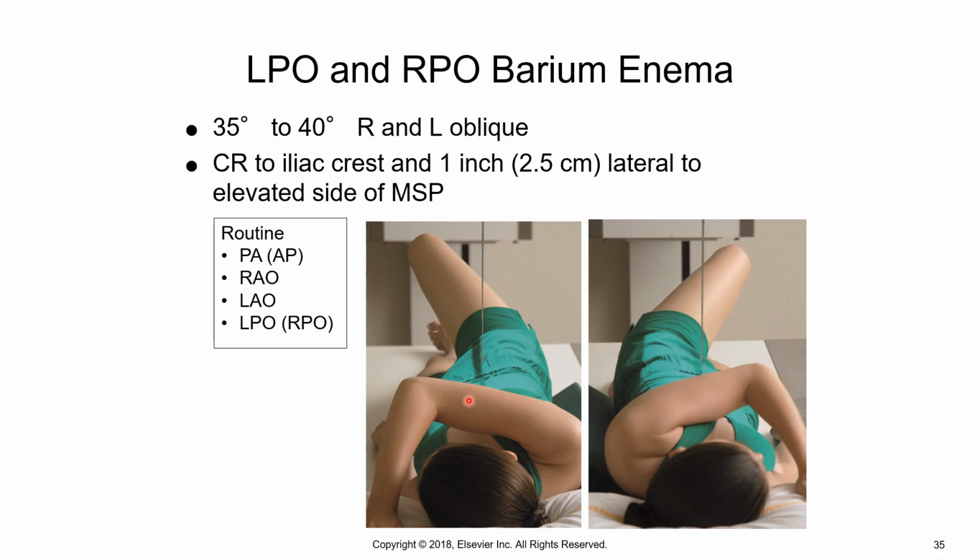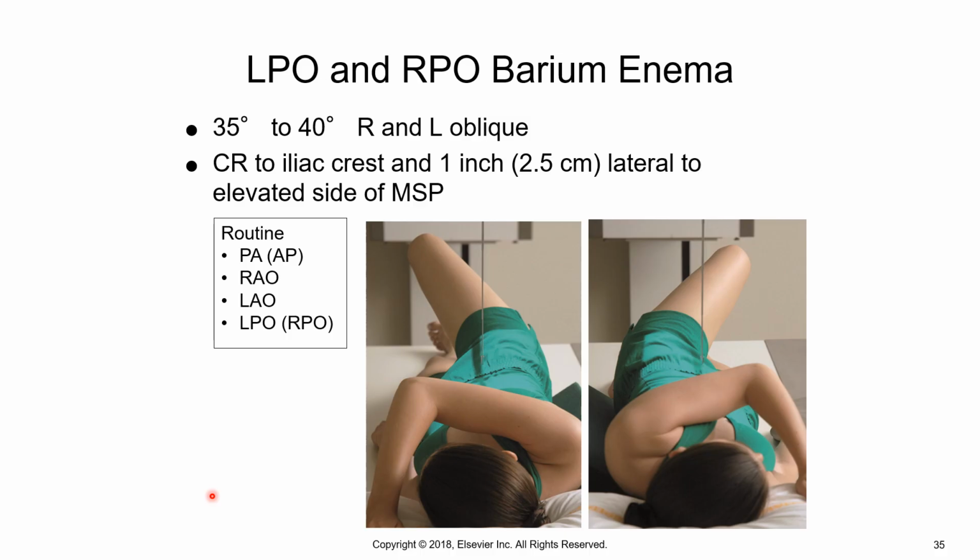So on this LPO, it's going to go 1 inch to the right of midline. And on the RPO, it's going 1 inch to the left of midline. What these do is they show an unobstructed view of the upside flexure.